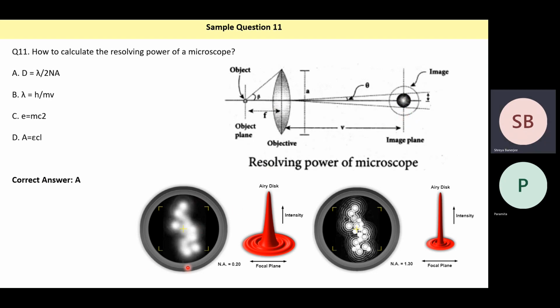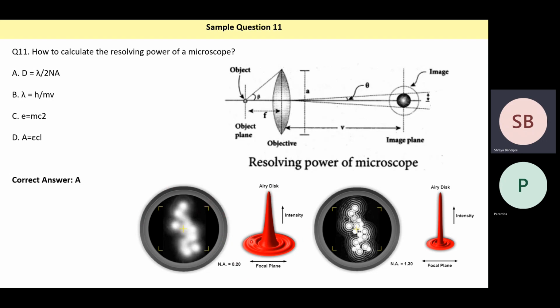Here you have two examples of numerical aperture. In the first case, the numerical aperture is 0.2. Sorry, this has been exchanged.